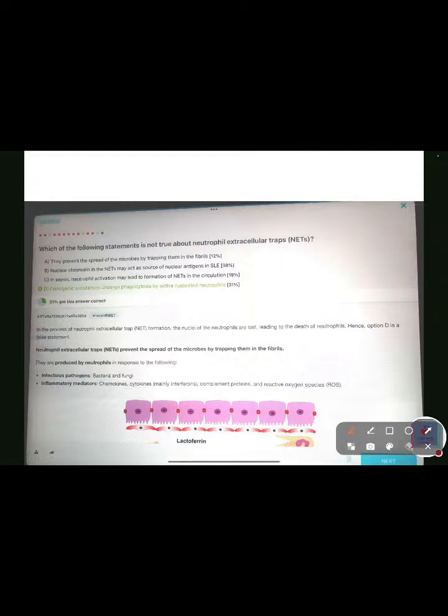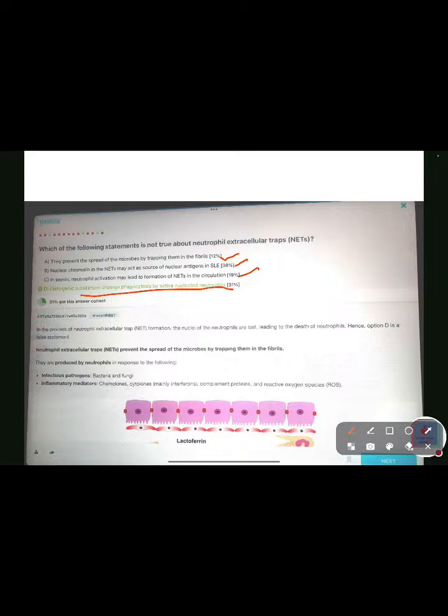Which of the following is not true about neutrophil extracellular traps? They prevent the spread of microbes by trapping them in their fibrils. This is true. Nuclear chromatin in the NETs may act as a source of nuclear antigens in autoimmune disease.